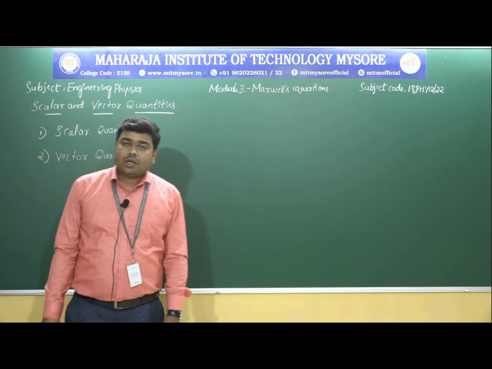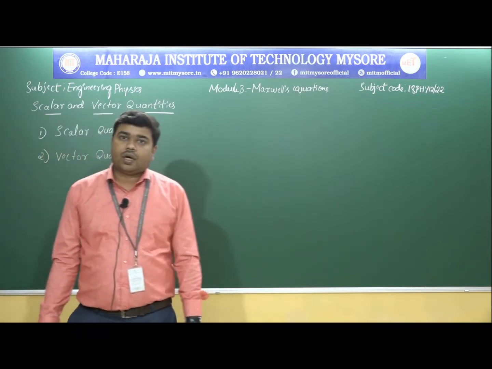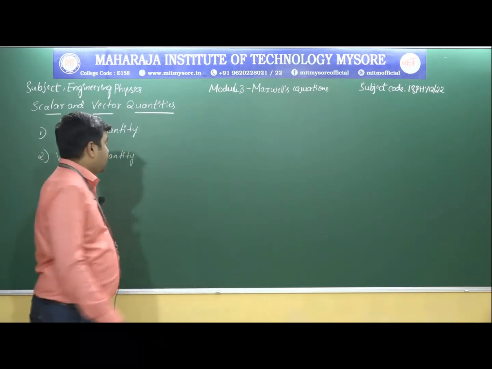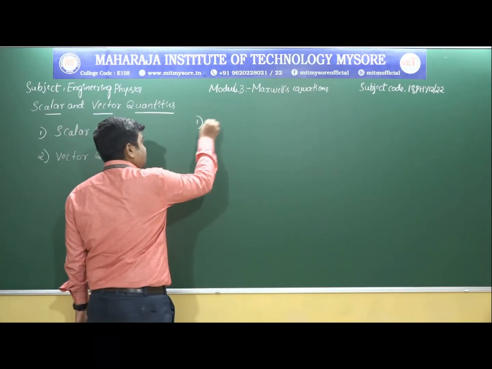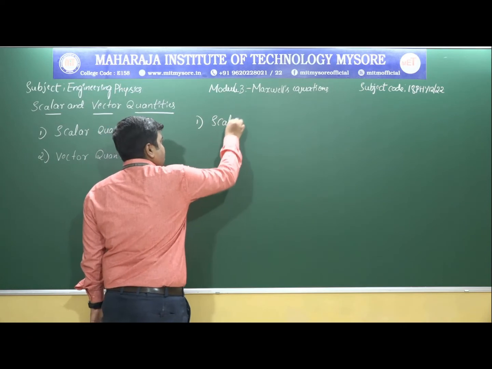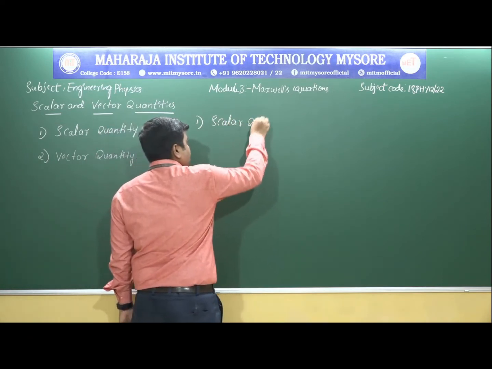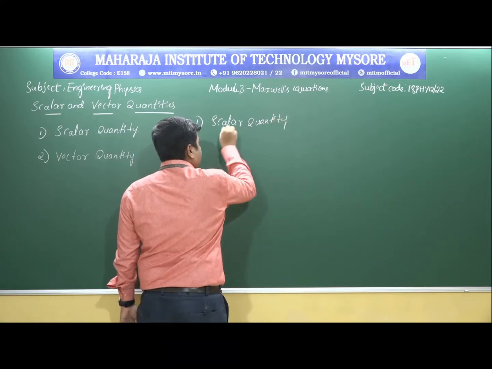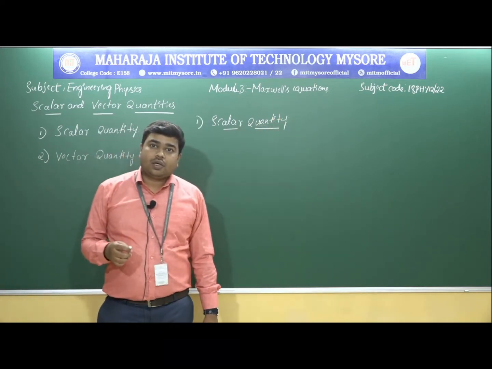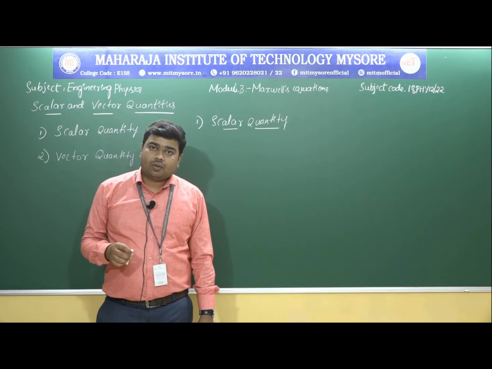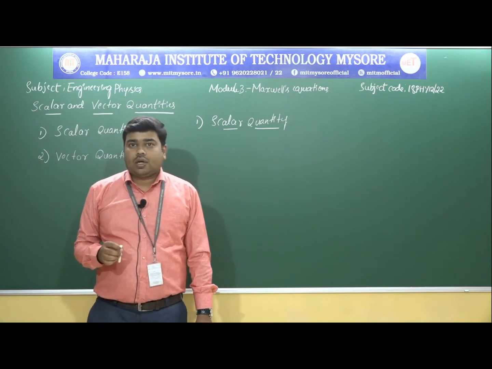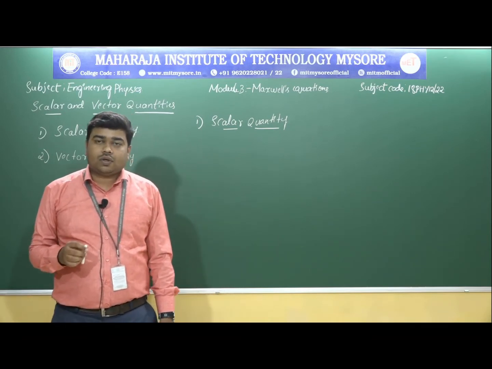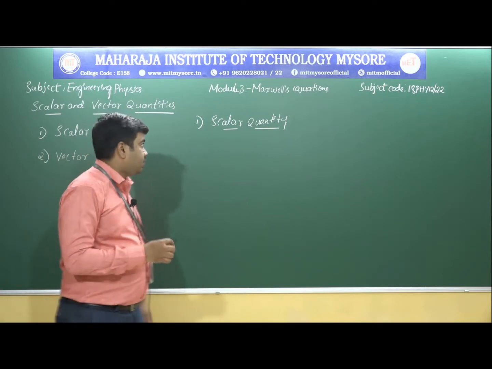What is meant by scalar quantity and what is meant by vector quantity? We will go with the first one, that is scalar quantity. Physical quantities which have only magnitude but do not have any particular direction, such physical quantities we call scalar quantities.